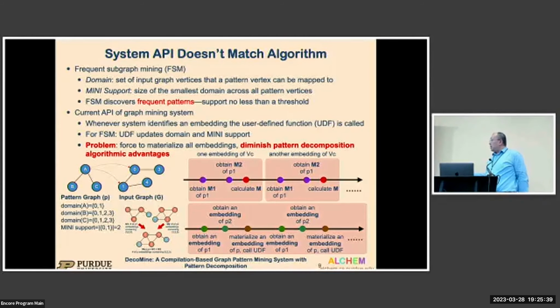The problem, when we adopt that method directly with pattern decomposition, is that the system needs to materialize all the embeddings of the whole pattern, which takes time and introduces overhead. It is not the same as just calculating the count, so it will diminish the advantage of the pattern decomposition algorithm.